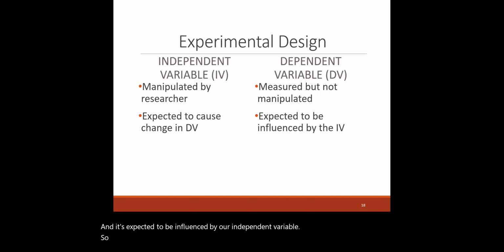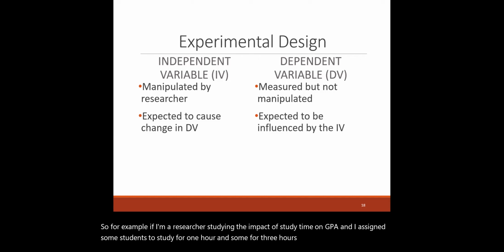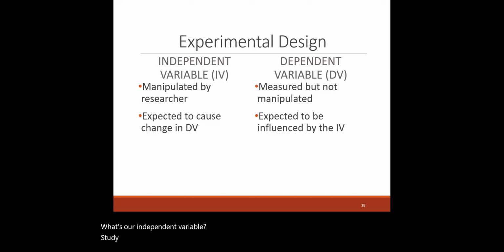So for example, if I'm a researcher studying the impact of study time on GPA, and I assign some students to study for 1 hour and some for 3 hours and some no hours, what's our independent variable? Study time. We'd have different levels: 0 hours, 1 hour, 3 hours, whatever I said.